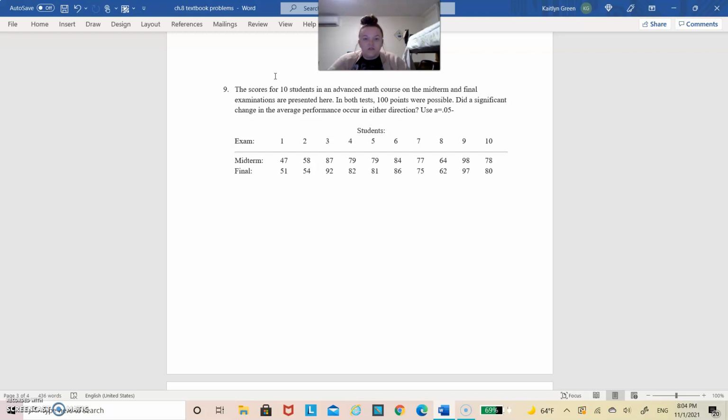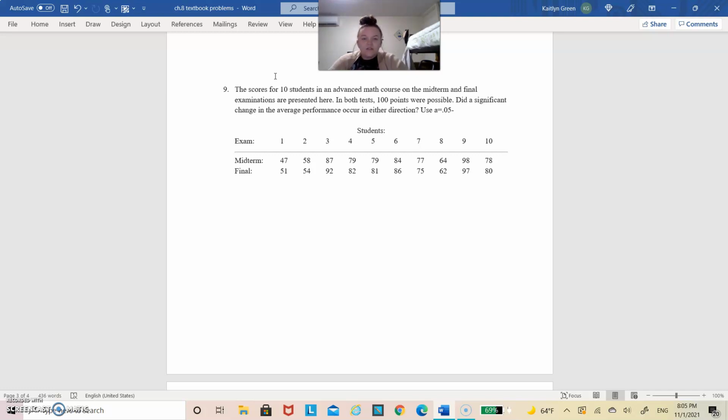So just to go ahead and set up the first part of our hypothesis, we'll have a null hypothesis of mu d is equal to 0, and then an alternative hypothesis of mu d is not equal to 0. We have an alpha of 0.05, and so now we need to find the t calculated value.